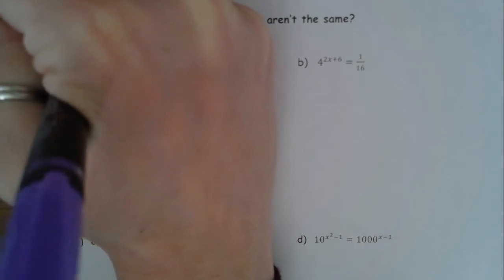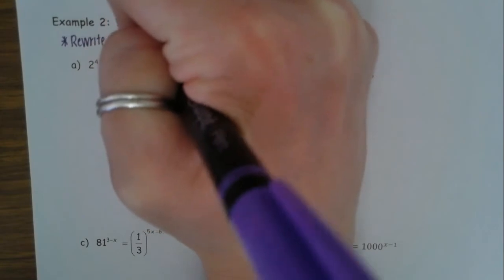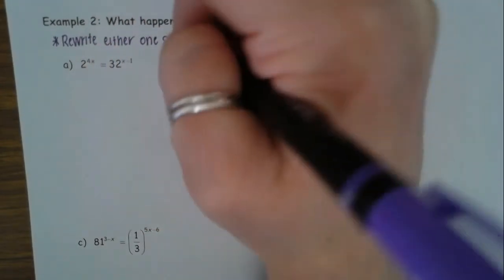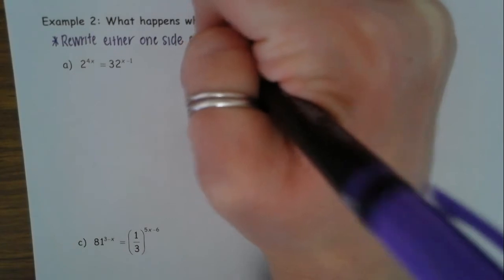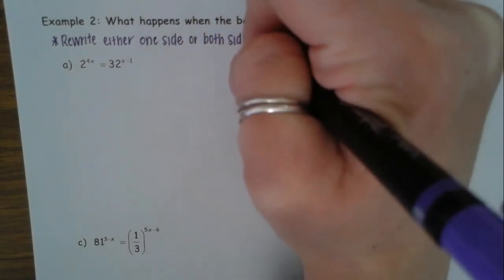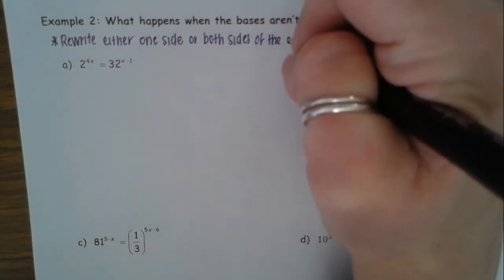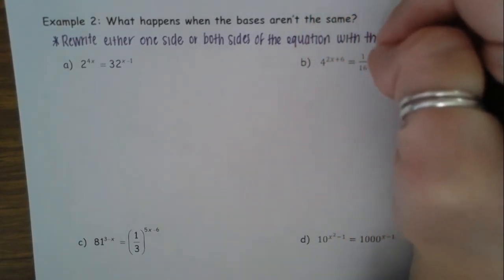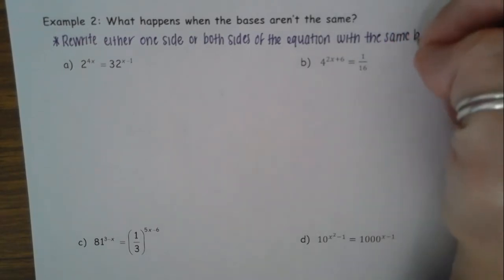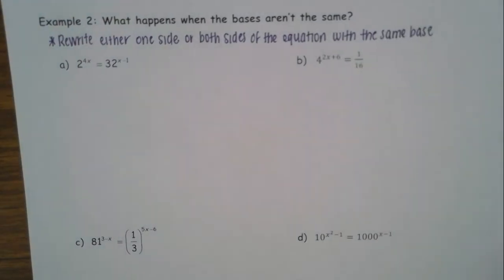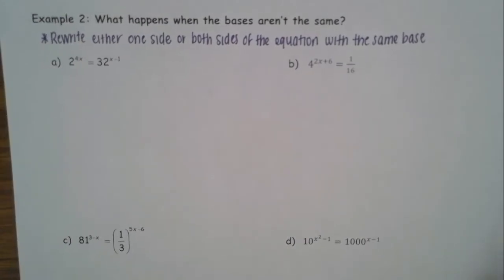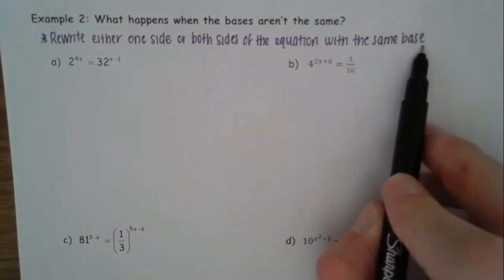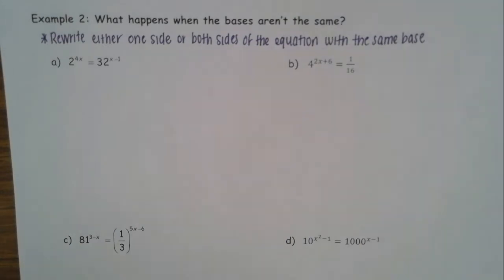So we're going to rewrite either one side or both sides of the equation with the same base. And the goal here is when we're rewriting to the same base, we want our base to be an integer, meaning we do not want our bases to be fractions.